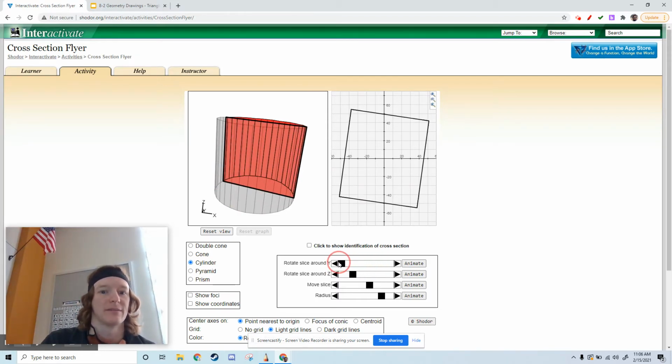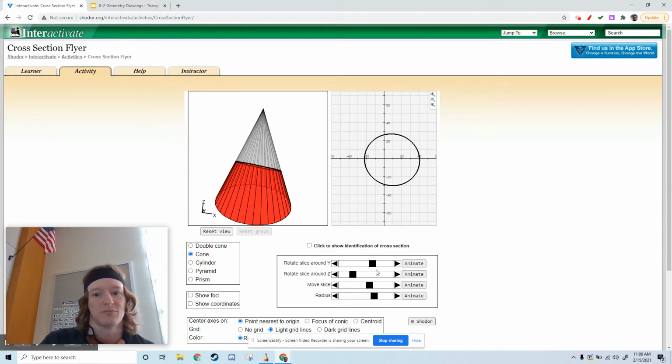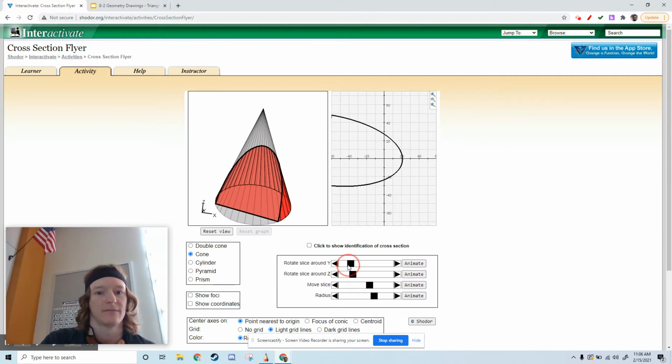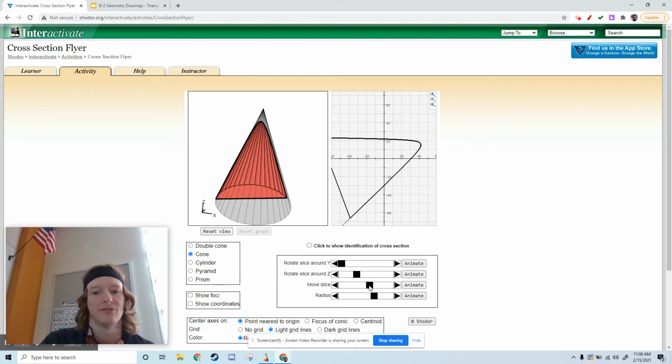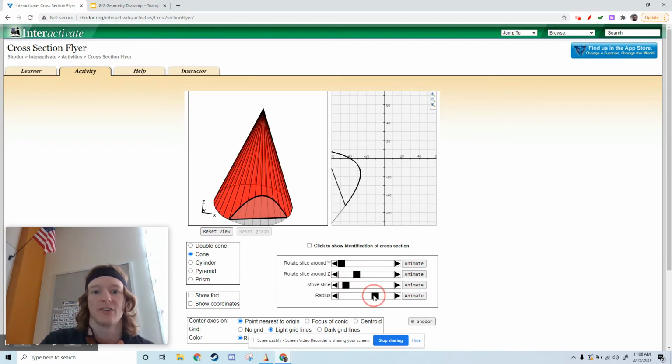So the way we describe these is probably just using the word semicircle or partial circle. You are going to have one that is a semicircle or partial semi-oval. It is going to kind of look like this in your book.